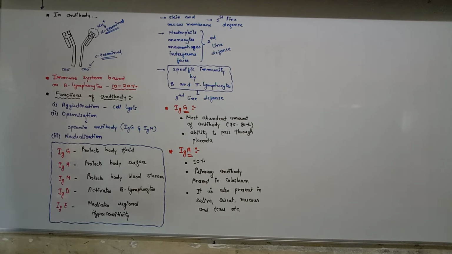Apart from the colostrum, IgA is present in saliva, sweat, mucus and tears, etc.